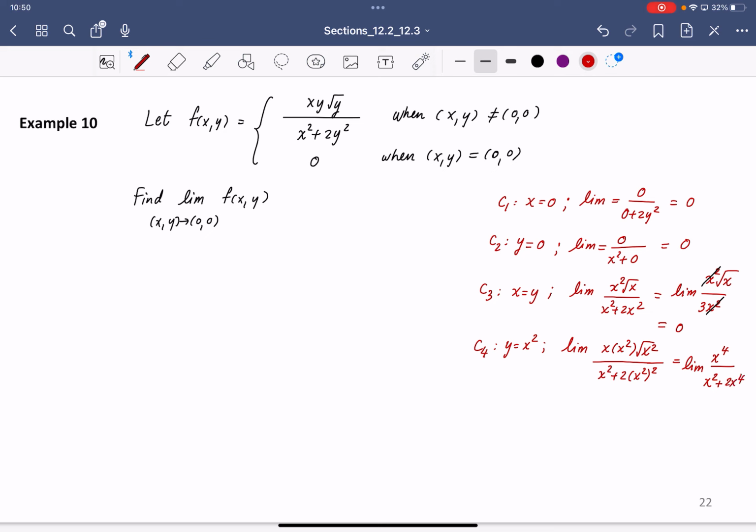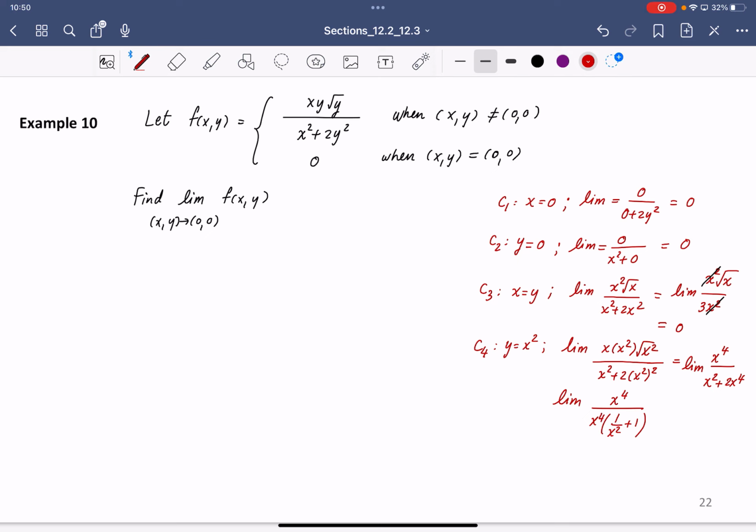Is that right? So y equal to x squared, and (x,y) goes to (0,0). If you pull out x to the 4th power, can we do that?